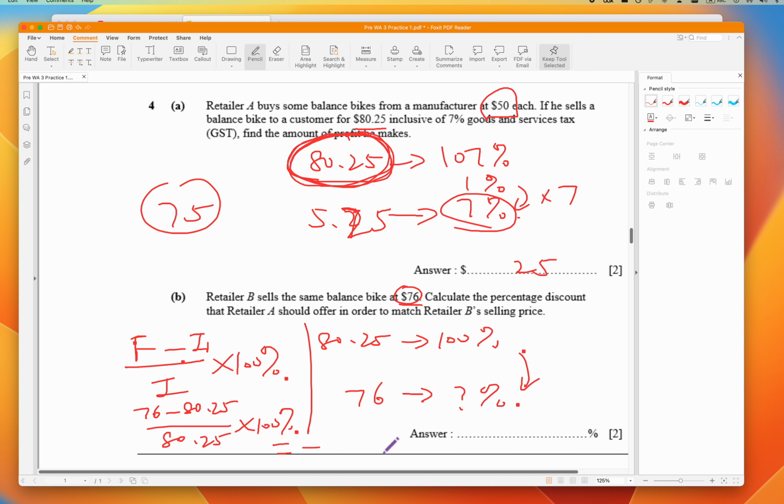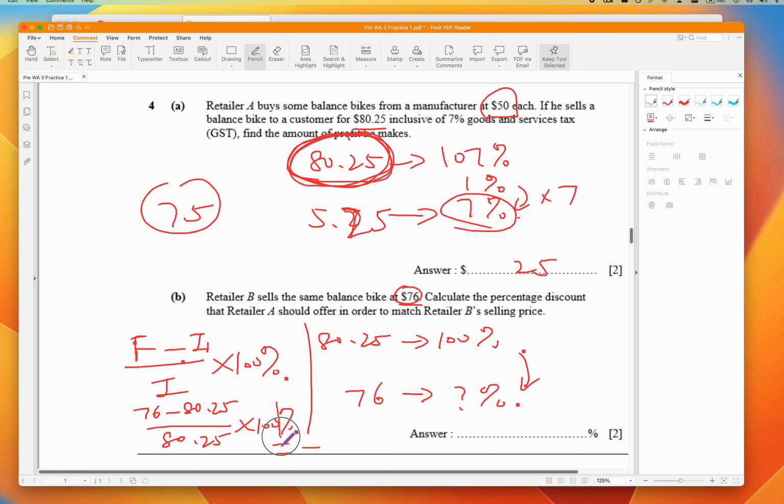76 minus 80.25. The answer divided by 80.25. And by the way, I want to caution you one more time.